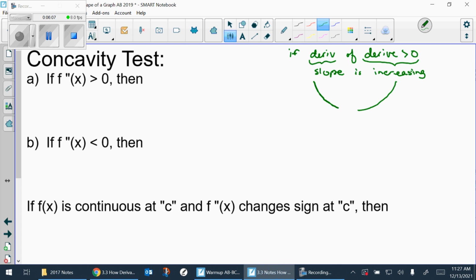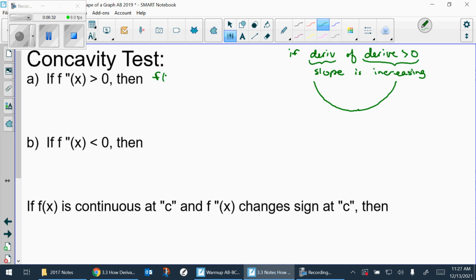The slope was negative, but now it's getting pretty darn close to 0. Anything along what I've just drawn here is where the slope is getting bigger, where the derivative of the derivative is greater than 0, where the second derivative is greater than 0.